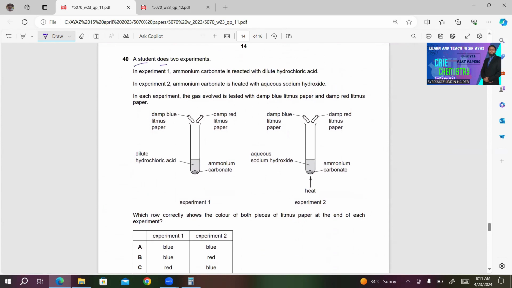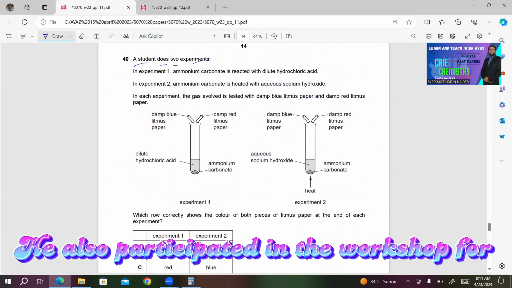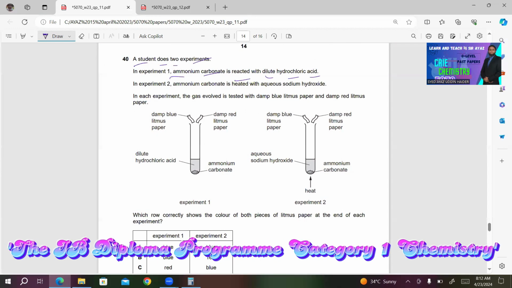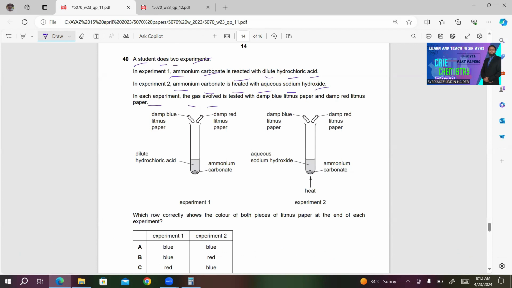A student does 2 experiments. Experiment 1, ammonium carbonate is reacted with dilute hydrochloric acid. Experiment 2, ammonium carbonate is heated with aqueous sodium hydroxide. In each experiment, the gas evolved is tested with damp blue litmus paper and damp red litmus paper. In experiment 1, when carbonate is reacted with acid, we will get the gas carbon dioxide.